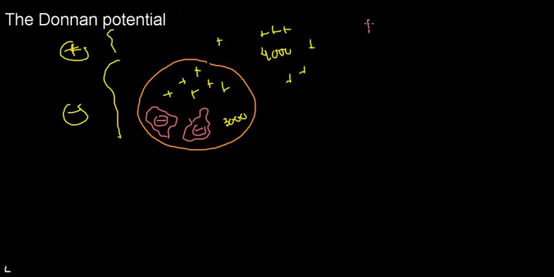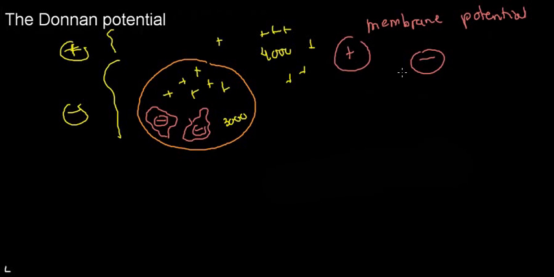And why is that? When I'm saying membrane potential, we should know by now that I'm talking about a relatively negative charge inside the cell compared to the extracellular environment. And if in the extracellular environment I have more positive charges than I have inside the cell, then the cell is going to be negative compared to its environment.